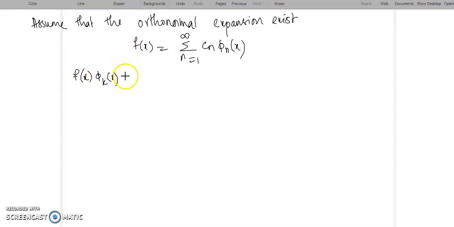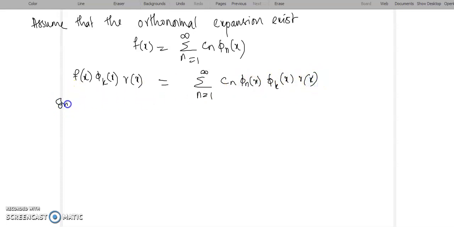So we multiply both sides of the equation by phi k of x and r of x. So that will give summation n equal to 1 to infinity cn phi n of x phi k of x r of x. And now integrate on both sides with respect to x from a to b.